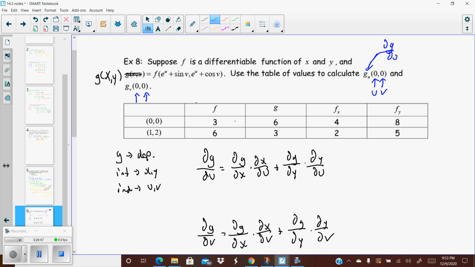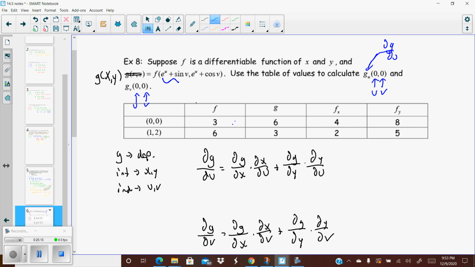So we're trying to find these partials when u and v are 0, 0. Since u and v are 0, 0, we can figure out what x and y are because I can plug 0, 0 into the f function and figure out what g of x, y is. So let's figure out the x and y values.